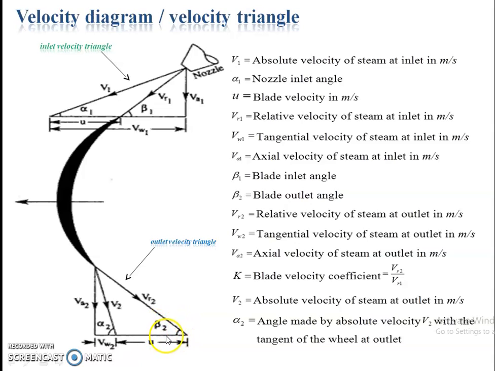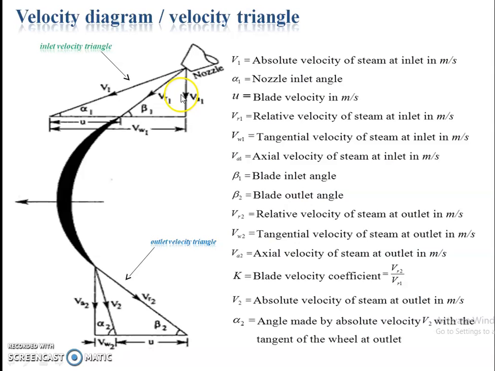The blade angle for the relative velocity is beta 2. The relative velocity at inlet VR1 is the same as the relative velocity at the outlet velocity triangle, if there is no frictional loss at the blade. The absolute velocity V2 of the leaving steam is at an angle to the tangent on the wheel.